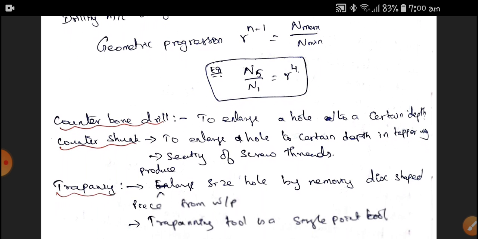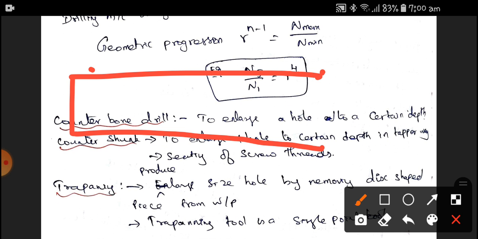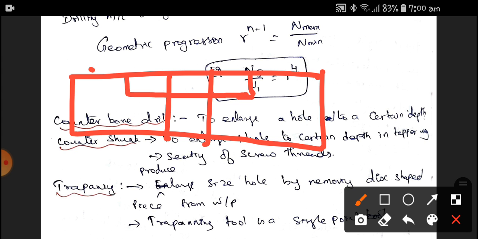Next is the counterbore drill. In the counterbore drill, we are going to enlarge the hole up to a certain depth in order to accommodate the bolt heads. We are going to drill a certain large diameter hole up to a certain depth. So this is our workpiece, and this is the hole. In order to accommodate the bolt head, we drill the hole like this. Here the bolt heads are seated.